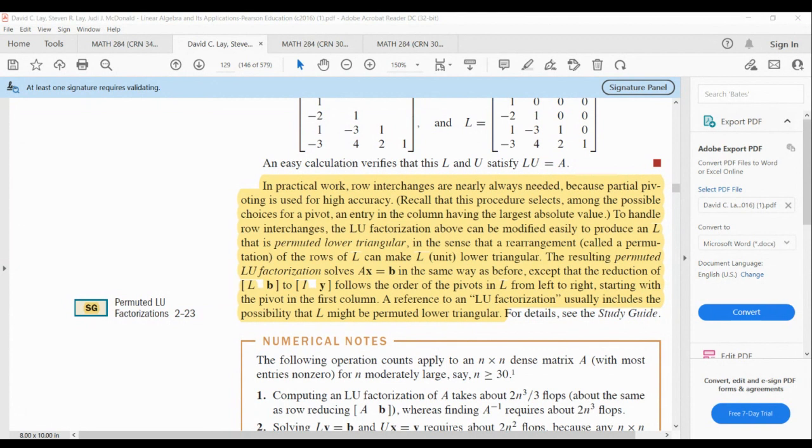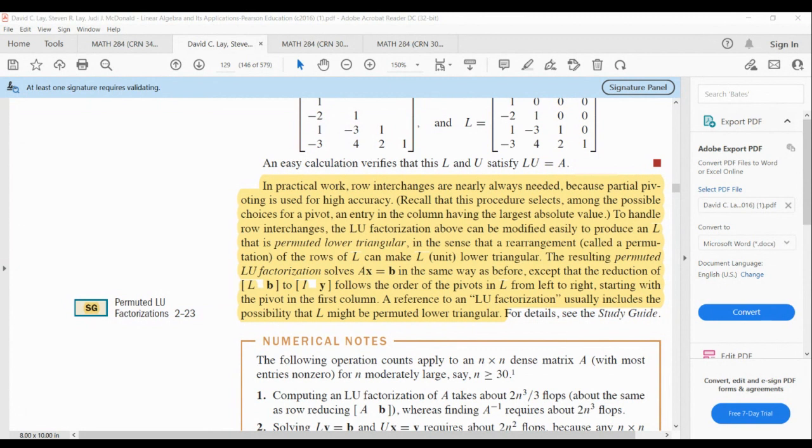Recall that this procedure selects among the choices for a pivot an entry in the column having the largest absolute value. To handle row interchanges, the LU factorization that you learned in section 2.5 can be modified easily to produce a lower unit triangular matrix that is permuted lower triangular. Okay, and you're going to use then something called permuted LU factorization.